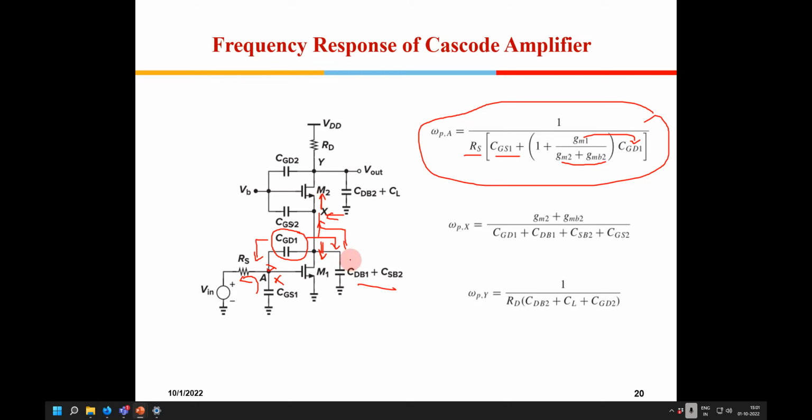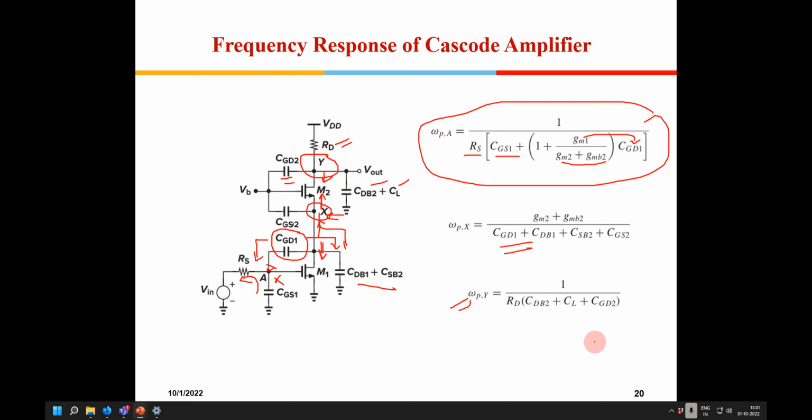So I club these two capacitances and I get the pole at this node. Similarly, there is a third node out here. At that node the capacitances are CBD2, CL and CGD, and the resistance as seen will be RD. If you look towards the bottom, it will be R0, which is much higher, so I'll just take RD there. So these are the three poles associated with this cascode amplifier.